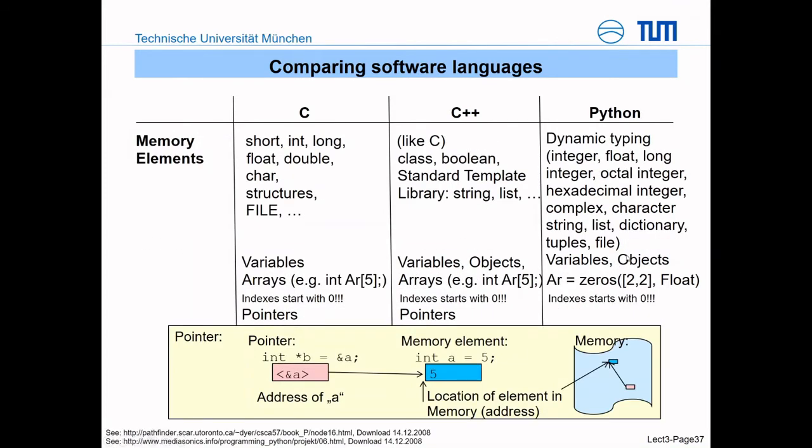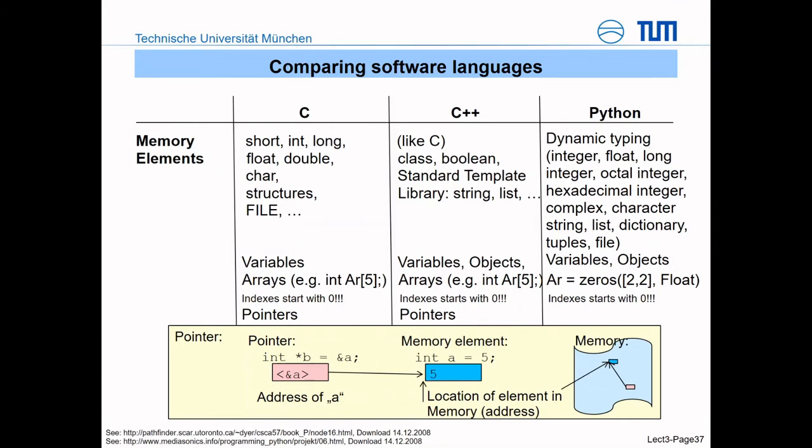If you continue, and take care of the different things which are part of a programming language, we can start with the memory elements. In memory elements you have different types. C and C++ are very similar. You have short, int, long, float, double, all of these standard types.